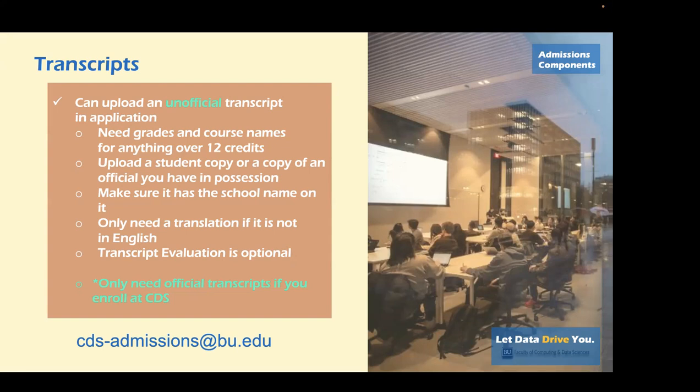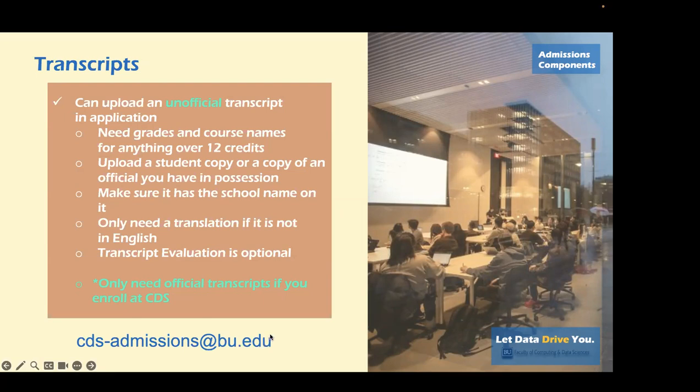And if you have a problem uploading it, a lot of students do because your PDF size is too large, too small, you run into all kinds of issues like that. Totally fine. If that happens to you and you can't figure out why you just can't upload it, you can simply email it to our inbox, cds-admissions@bu.edu.